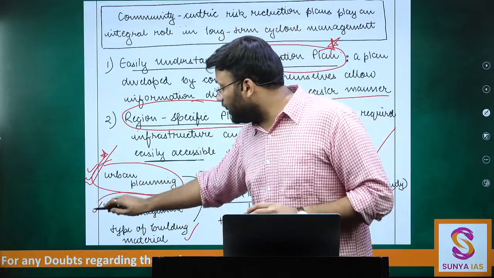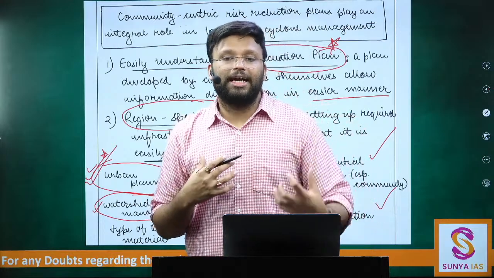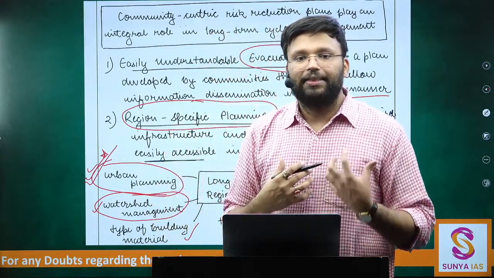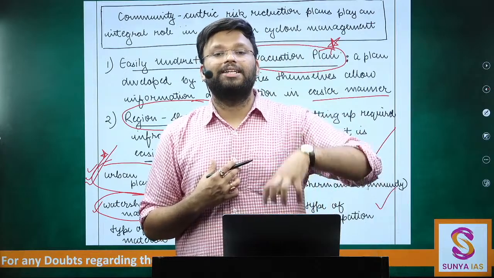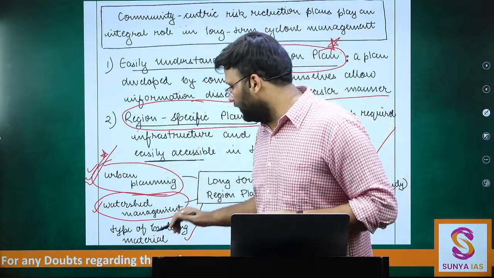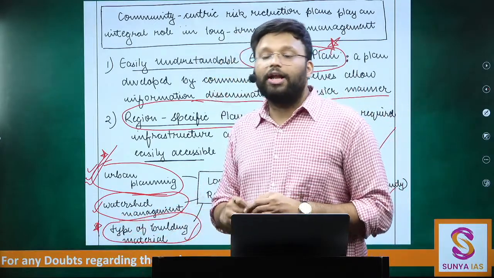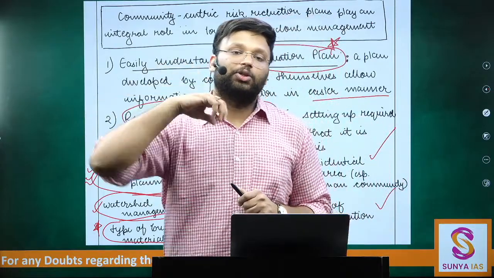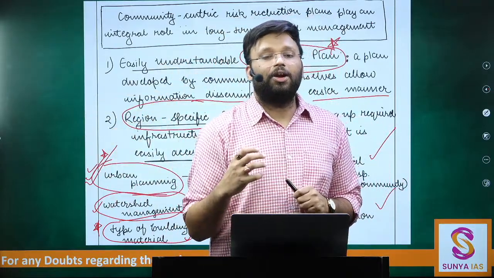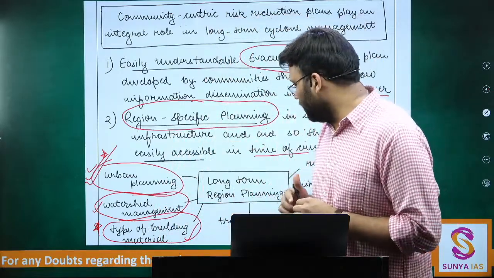Then watershed management. When we are going for watershed based conservation methods, then we see how the seepage mechanism enhances, right? And even that will lead to cyclone mitigation. Type of building material. For example, if we are using material which is not really resilient to wind speeds and everything, then even that is poor planning.